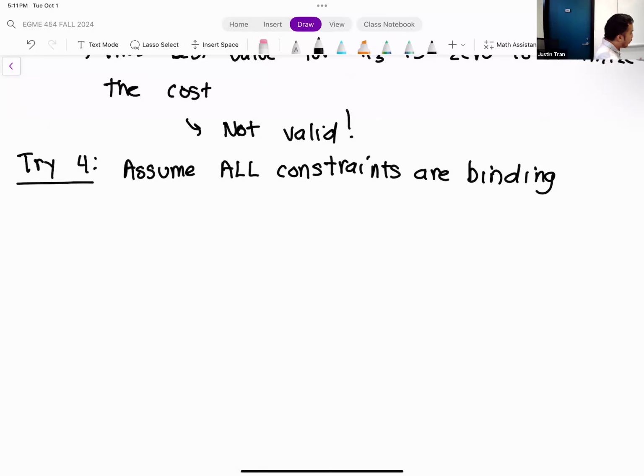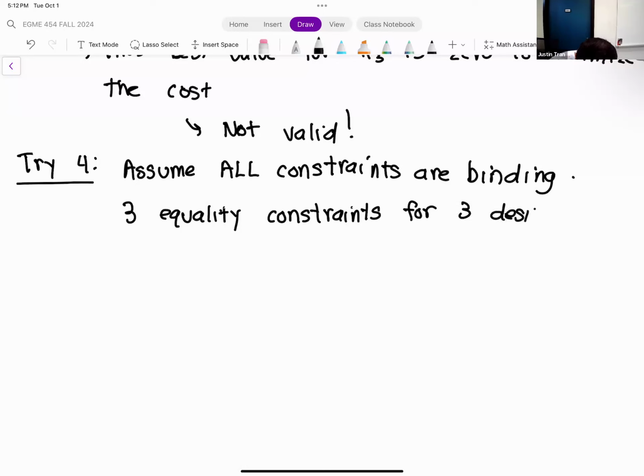If we assume all three are binding, then we have three equality constraints for three design variables. In other words, we have three equations that we have to satisfy for our three variables.